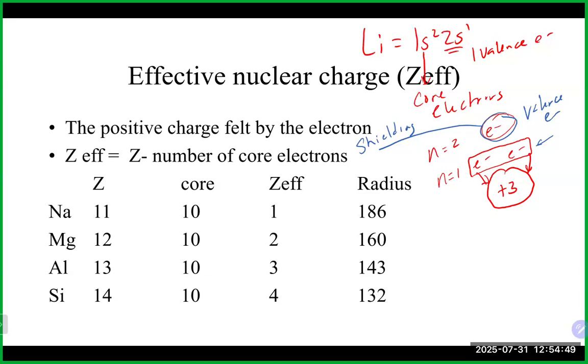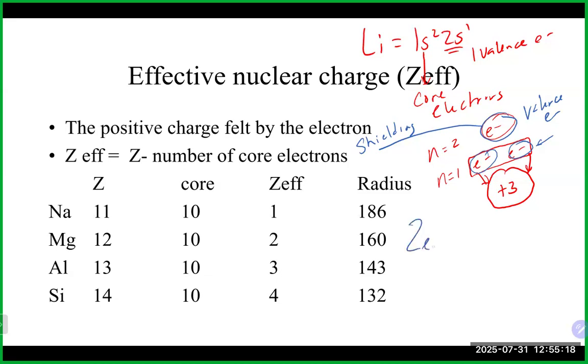Instead of it feeling the full brunt of the positive 3 charge, because these guys are in the way, it doesn't get the full effect. It's like if you went to the movies and sat down dead center in front of the screen, and right before the movie starts, somebody sits right in front of you with a big giant hat, right? Blocks out half of the screen, shields half of the screen. Same idea here. Because of these lower energy electrons, it is not feeling that positive 3 charge.